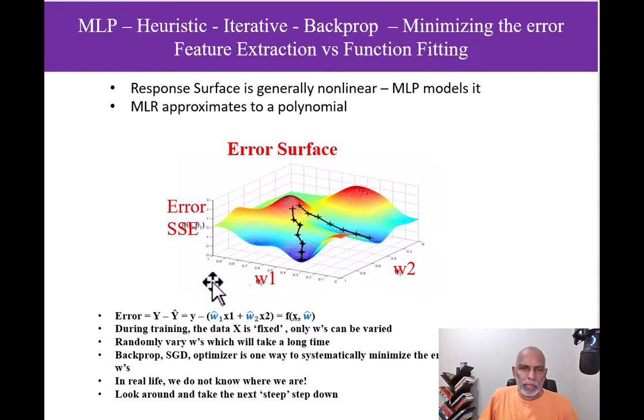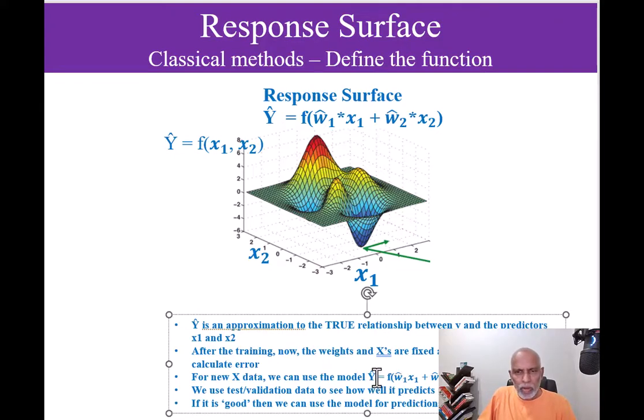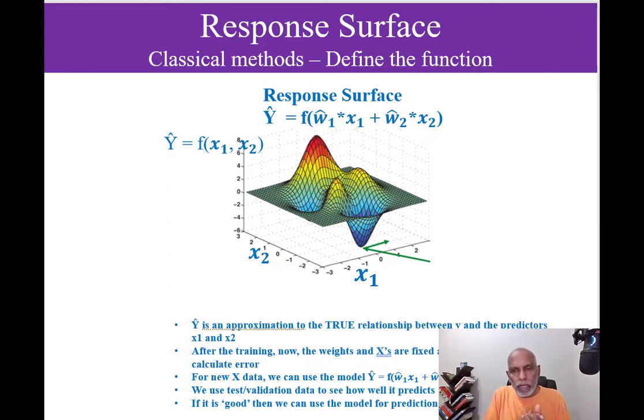So there is a concept I already brought up. In this example, the x1 and x2 weighted by the corresponding weights w1 and w2, after applying the function on it, may not be exactly equal to y. That is y hat, but it may not be exactly equal to y. And so there is an error, and the sum of all the errors is a kind of loss that you are incurring due to the selection of your specific w1 hat and w2 hat applied along with the f function.